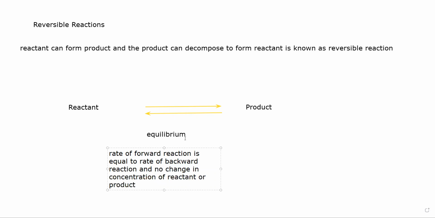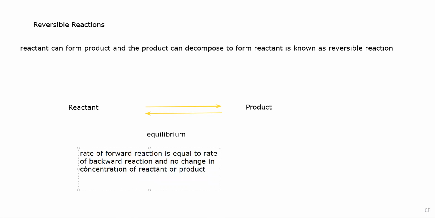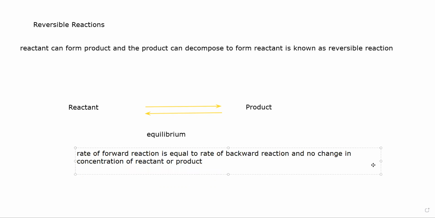It means the amount of reactant and product will not change and the speed of the forward and backward reaction is the same. We call this as equilibrium.